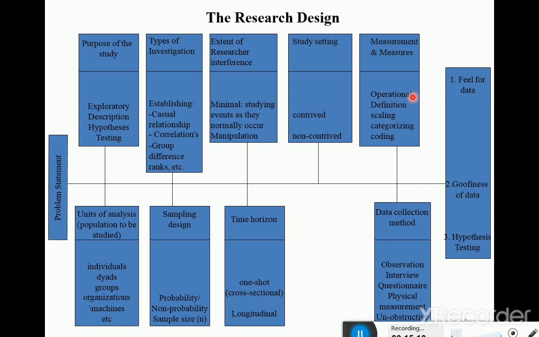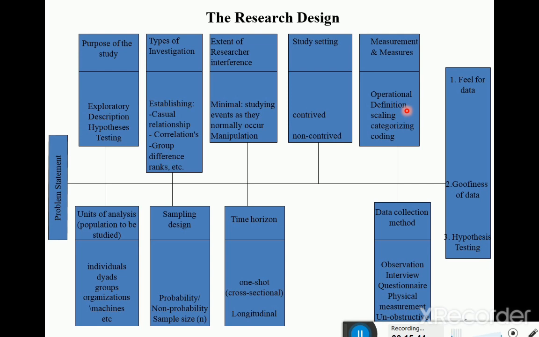Don't worry, later on inshallah operational definition will be clear properly. This is just an overview, and inshallah we will explain each one in detail. Simply, when we have variables and we are not able to measure them directly, we will measure them indirectly. So then our first step will be the operational definition.